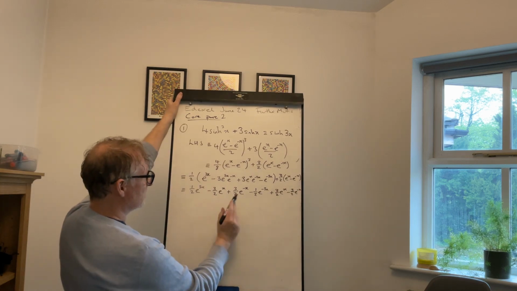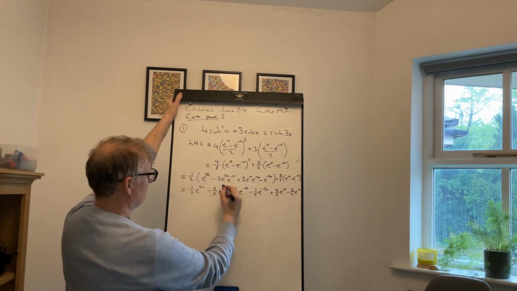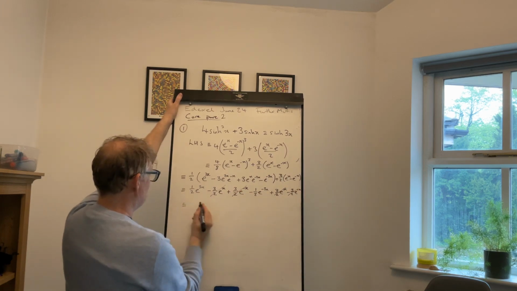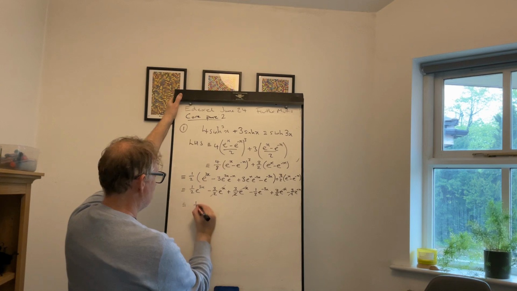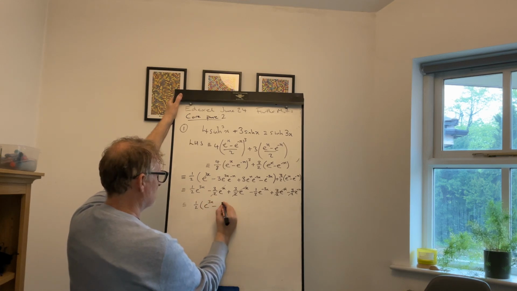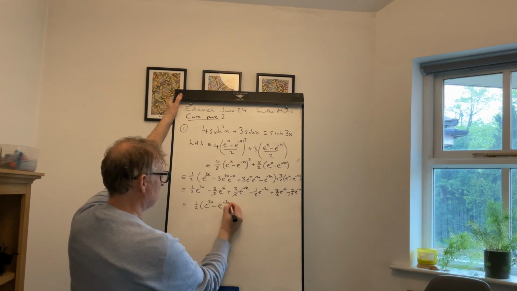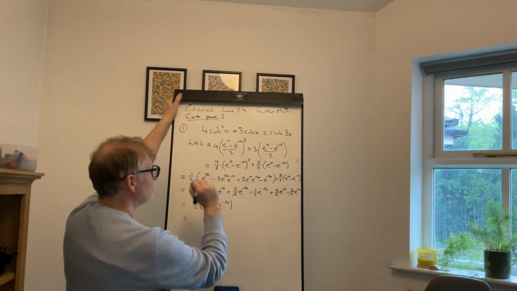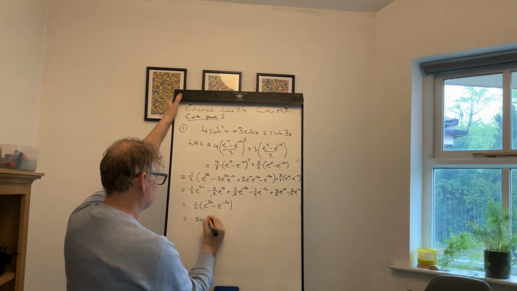Lovely, because we can see some cancelling, that and that cancel, and that cancel. So we are just left with a half of e to the 3x minus e to the minus 3x, taking the half out, which sure enough, that's sin 3x.